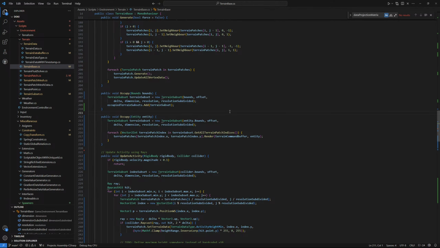I want to batch this in a good way as well. So we want to render per patch. We don't want to render one entity in one patch and then switch to another patch and render that entity and so on. So I think the best way to do this is per entity we calculate a terrain subset like we do here, and then in terrain patches we add a list of entities we want to render here.